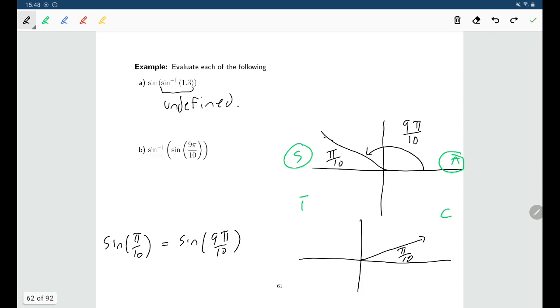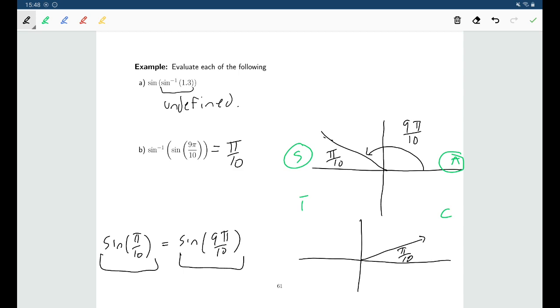It will give you pi over 10 as the output because pi over 10 is inside the domain of sine, and it's the angle that gives you the same output that 9 pi over 10 would for sine. So that's the workaround that we'll need to do if we're thinking about composing sine with sine inverse.